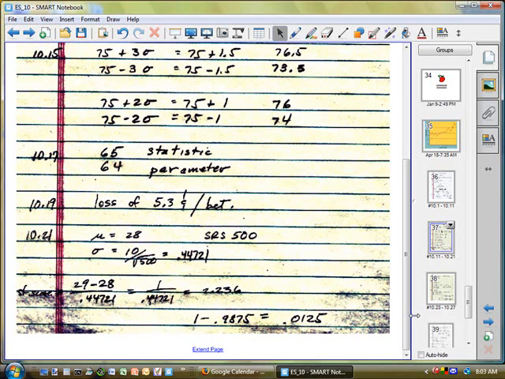It gave me a z-score of 2.236, and then I was able to go to my table. The only problem is they wanted to know greater, didn't they? Exceeds is the key word here. And the table gives you less than, so you notice I had to do a 1 minus. So my final answer was, what, 1.25%?